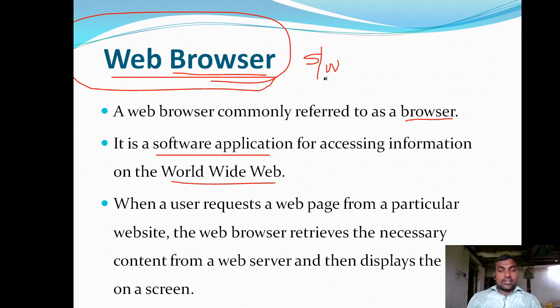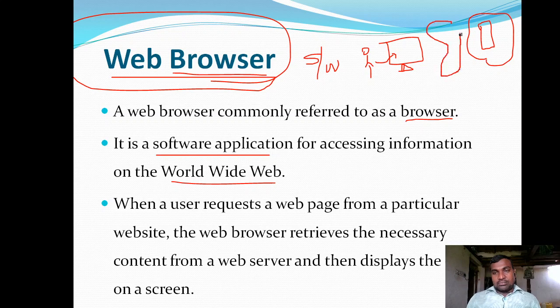So what you need to understand here is, here is a person who is sitting in front of his personal computer. He is doing some work here, and there is a web server. It may be anywhere in the world. There is some network, the internet. So in that network, this web server is there.